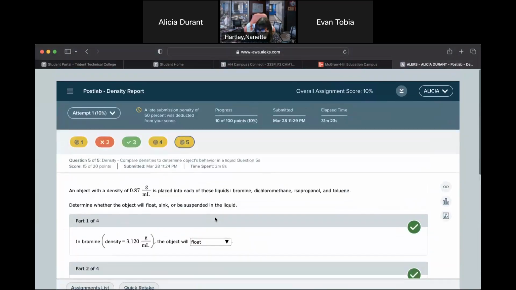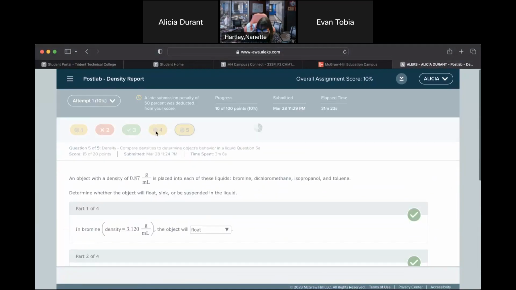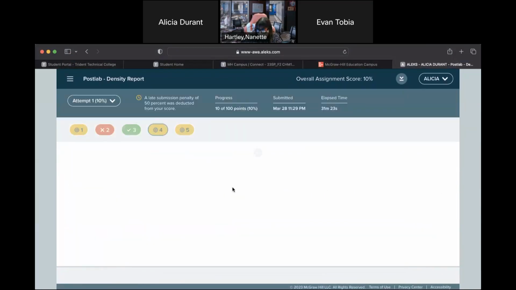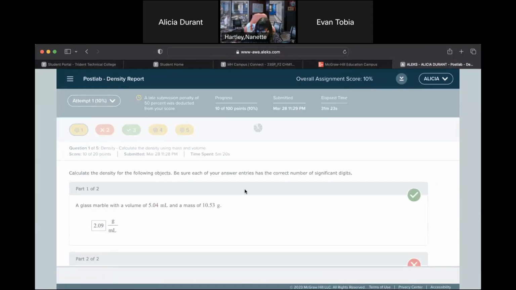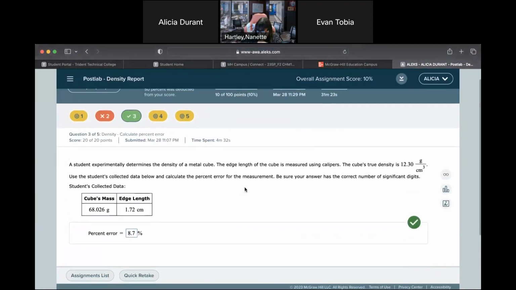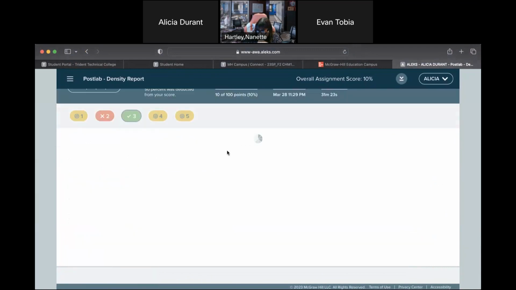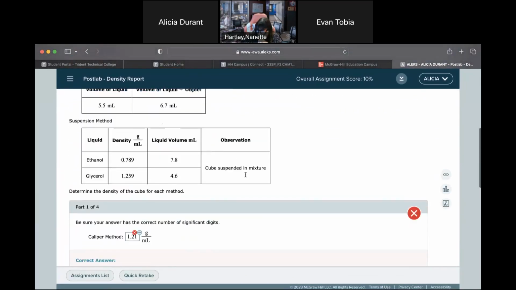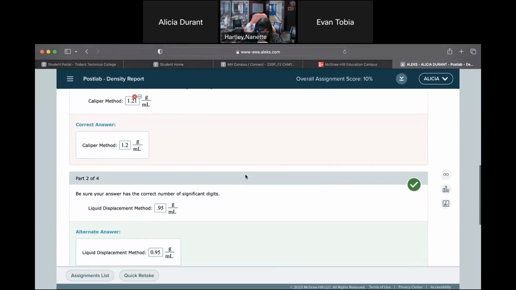So part 4 was not correct on that. The other parts were sig fig issues. 3 was right. 4, sig fig. That one's right. That one's right.